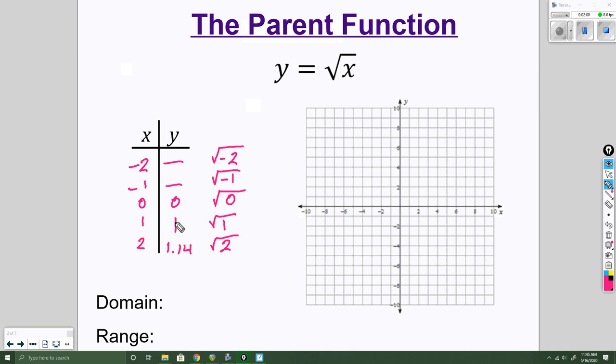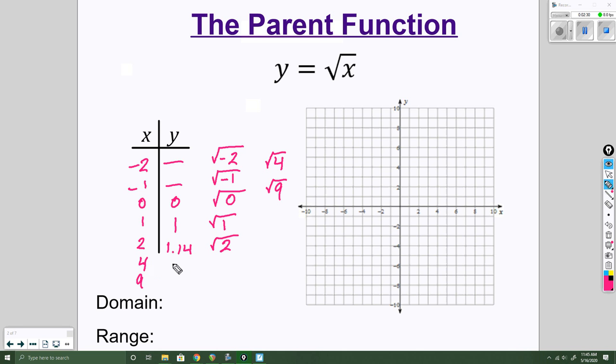The primary question that I want everyone to think of is, what would be a good value to take the square root of? And that would be our perfect squares. So for example, the square root of 4, the square root of 9, those would be good values to take the square root of. And that's a question that we're going to ask ourselves in more complicated functions as well.